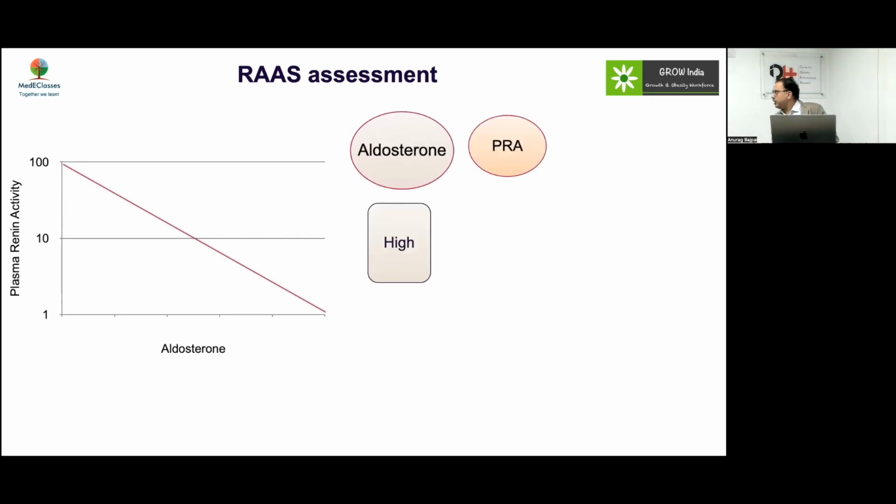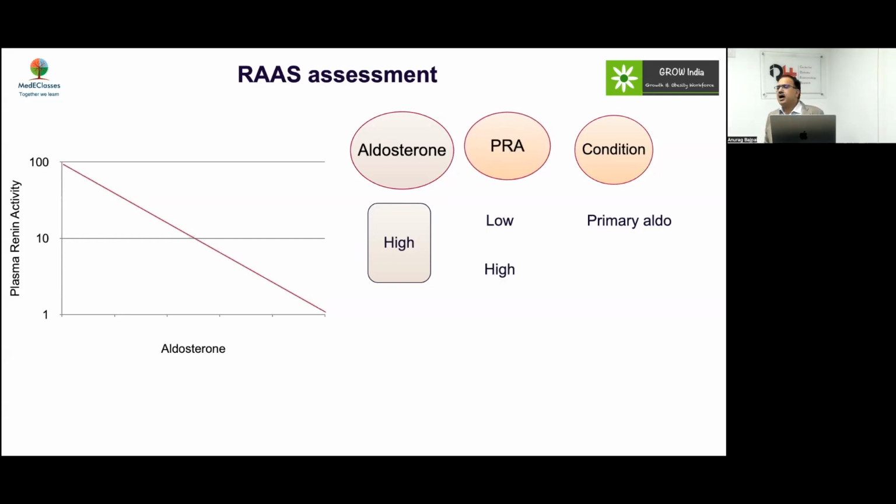So if aldosterone is high, PRA level should ideally be low. This is primary hyperaldosteronism. If, however, your PRA is high, it means renin is driving the whole picture. And this would mean something like a renal artery stenosis scenario.